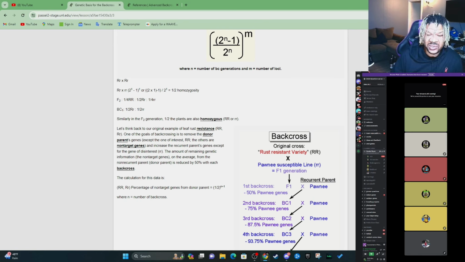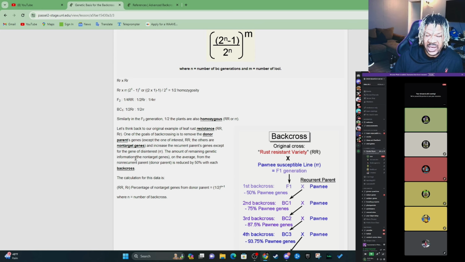Let's think back to our original example of rust resistance. One of the goals of backcrossing is to remove the donor parent's genes except the one of interest. The other genes are non-target genes, and we increase the recurrent parent genes except for the gene of interest.